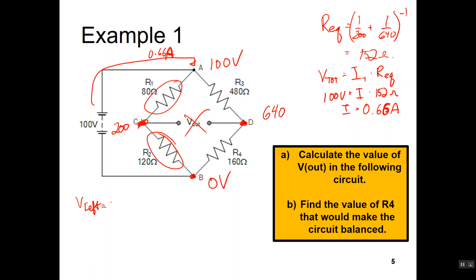It's equal to I left multiplied by the resistance of the left side. So 100 volts is equal to the current going through it, which I don't know yet, multiplied by 200. Therefore, I can figure out that my I is 0.5 amps.